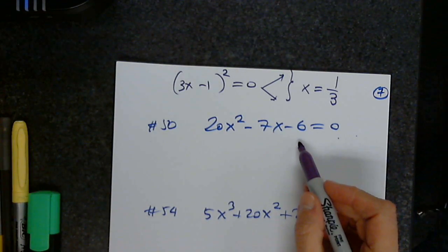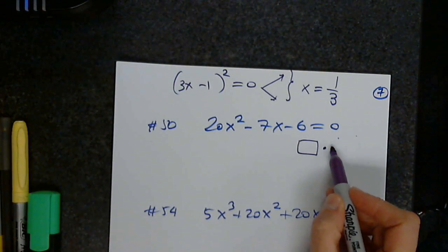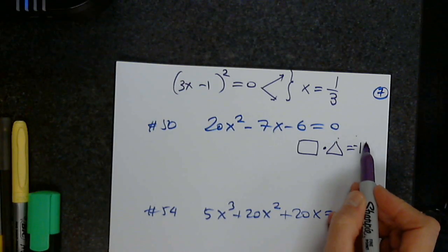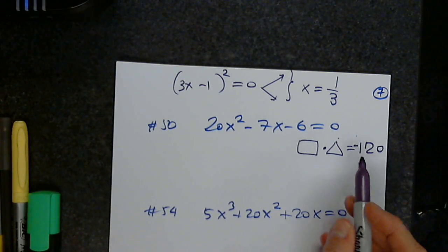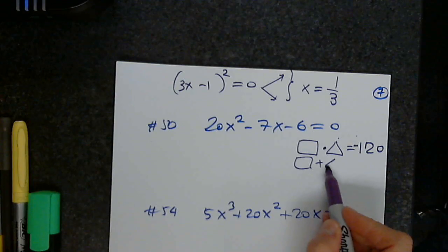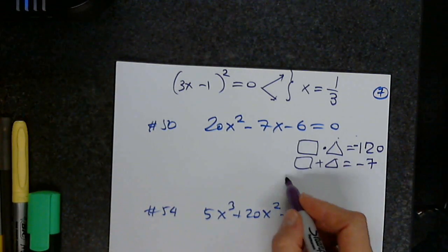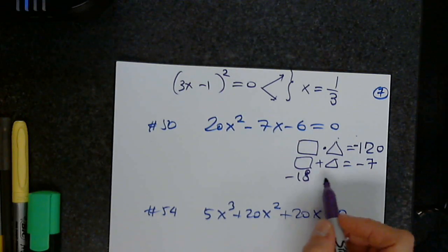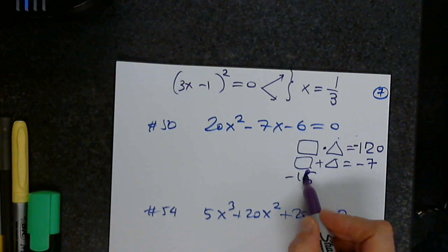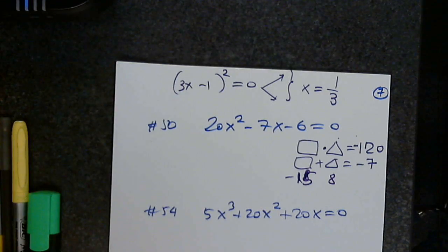We want to find, very good. Negative 15 and 8.